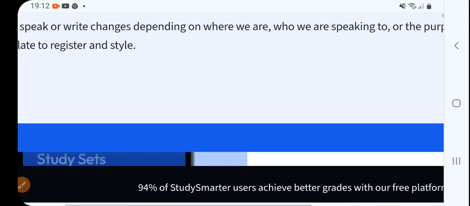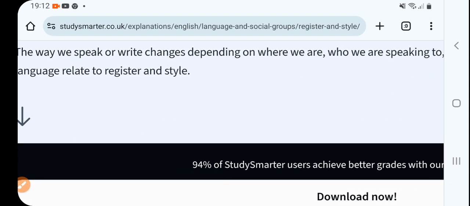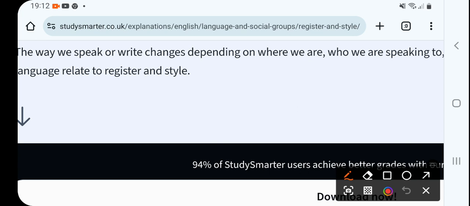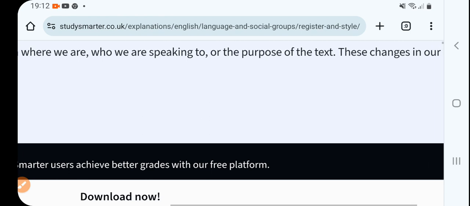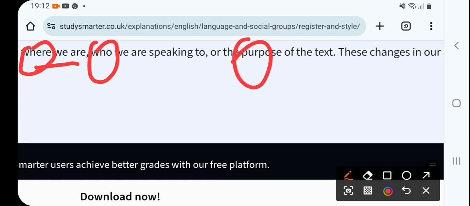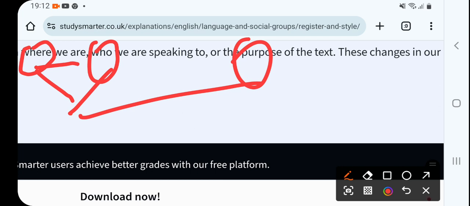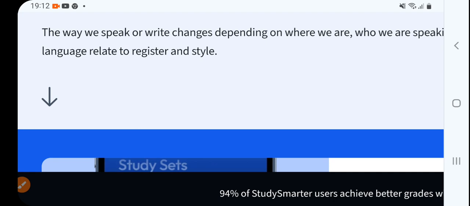So first, where we are, then who we are speaking to, and the purpose. These three things: where, who, and purpose. Then these changes occur in language related to register or style.